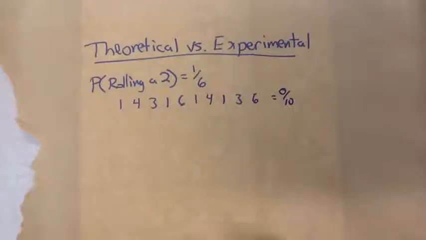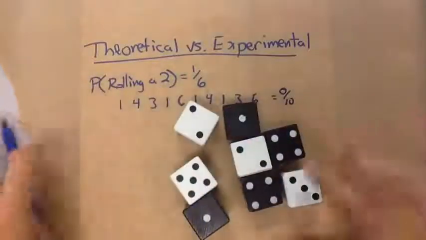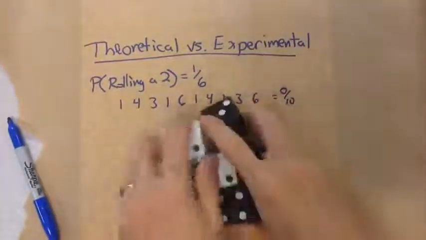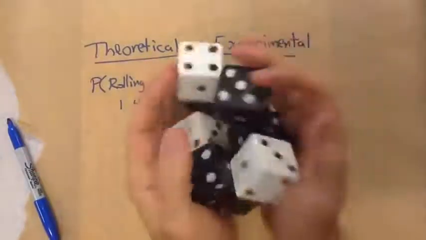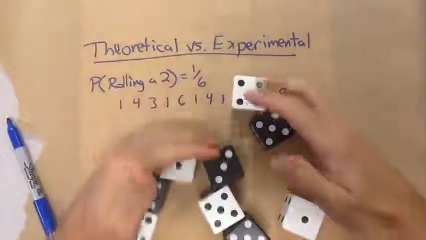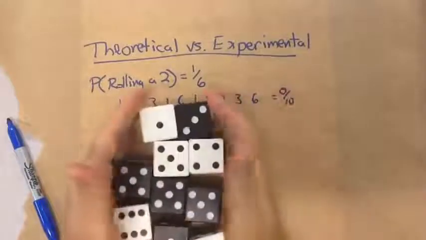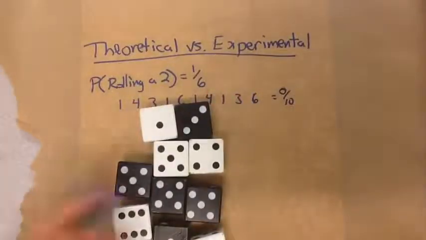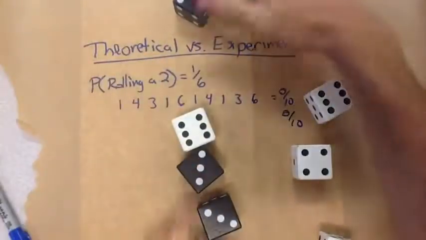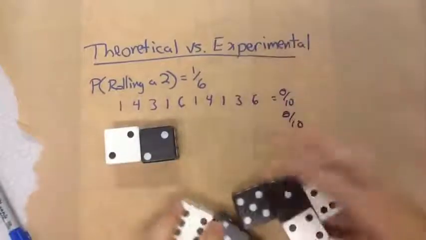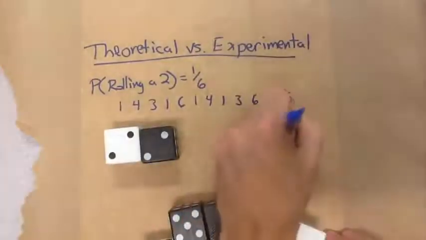So what I can actually do is, what if I had 10 different die? So I could roll these and see what I have. So now looking at this, I again have 0 out of 10. There's 2 out of 10.